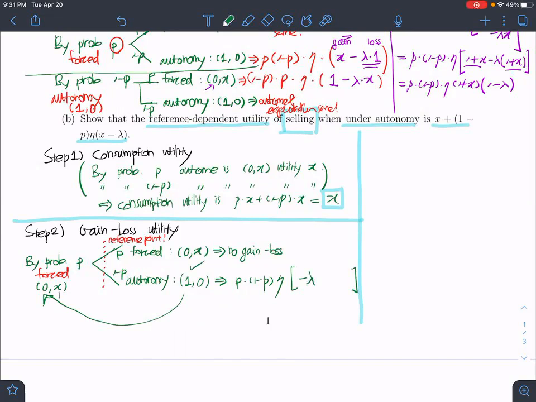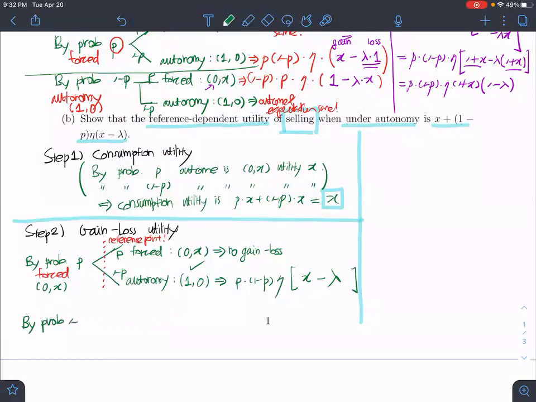And then I got X dollars. This is my gain. Does this make sense? Let me write it again. I got X dollars, lost 1 mark. And then, do you see what is happening here?